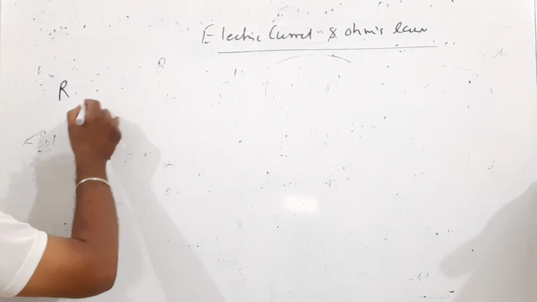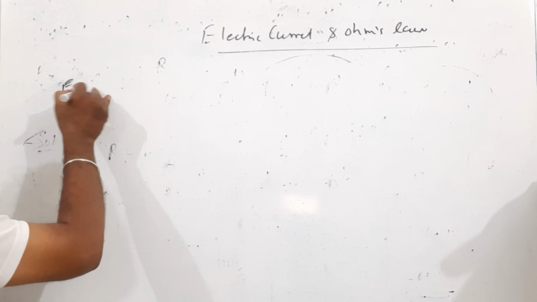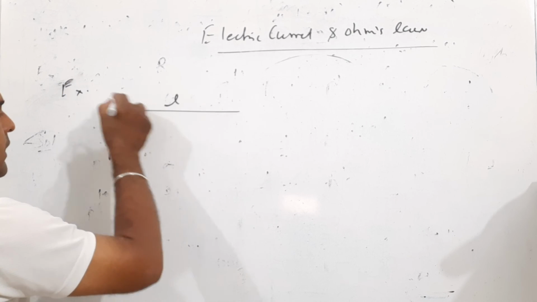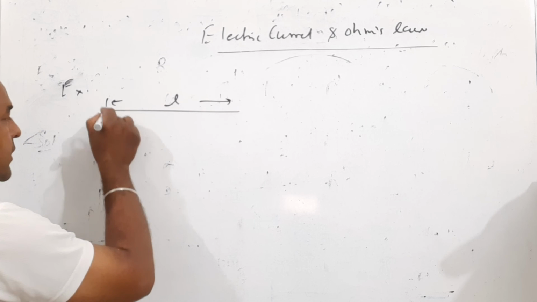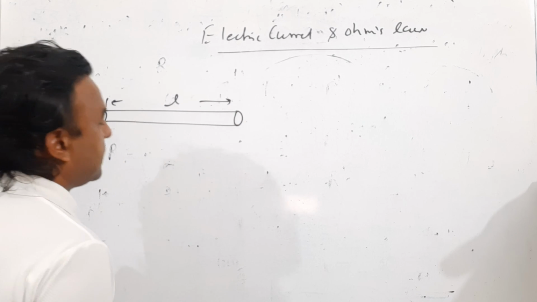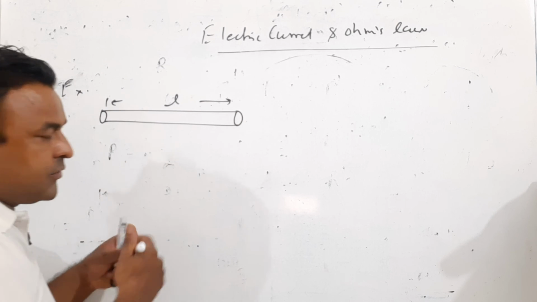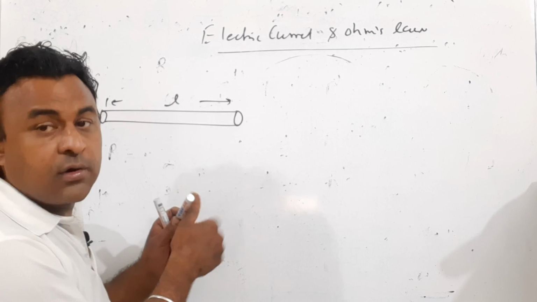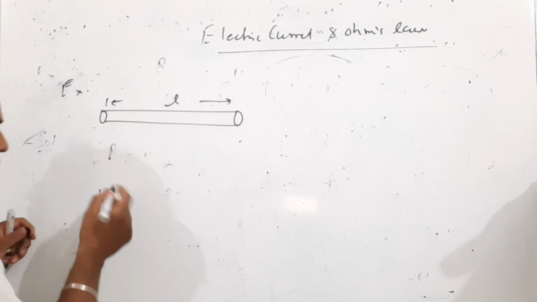Suppose I have a wire of length L, cross section area A, in a similar way. Now it is folded in two.